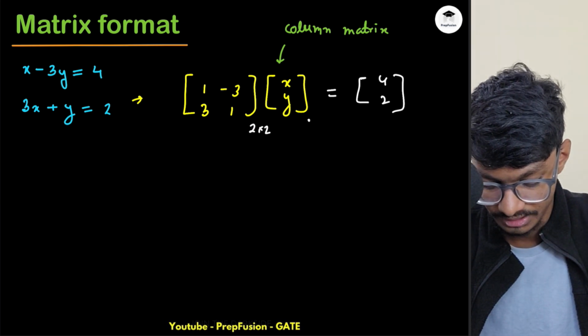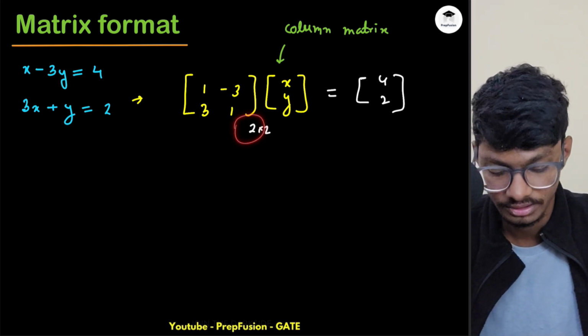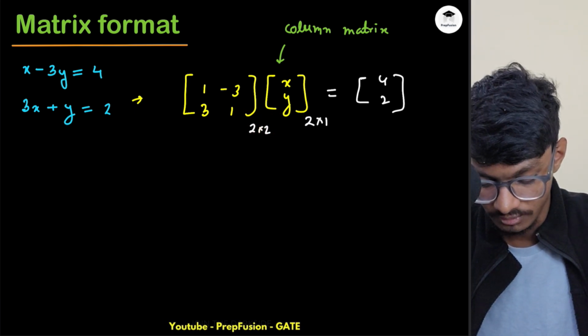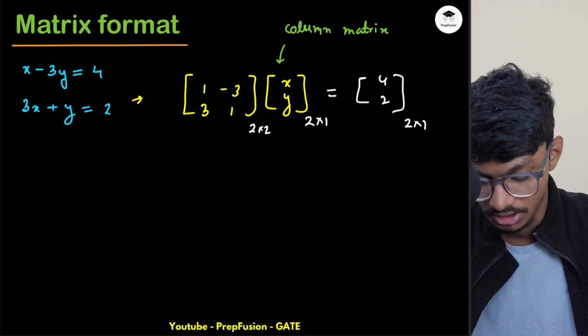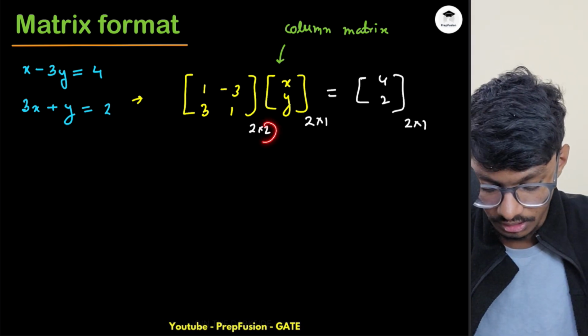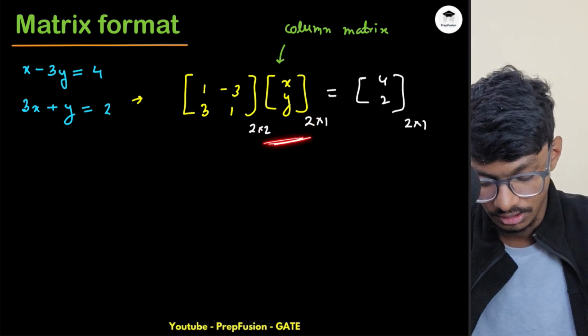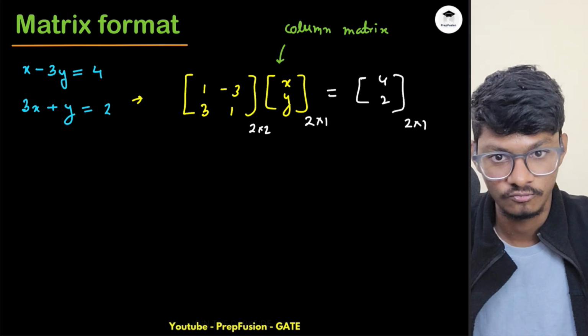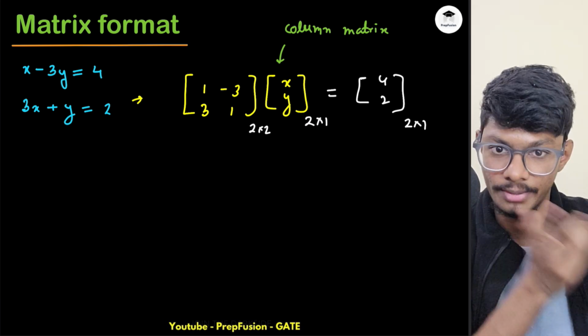This is the size of the matrix: first we write rows, then columns. So rows times columns, 2 cross 2. Then this has 2 rows and 1 column. This again has 2 rows and 1 column. The number of columns of the first and the number of rows of the second should be the same for us to get a proper matrix multiplication.